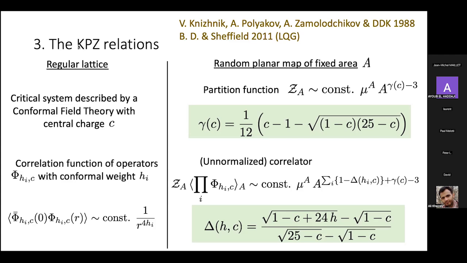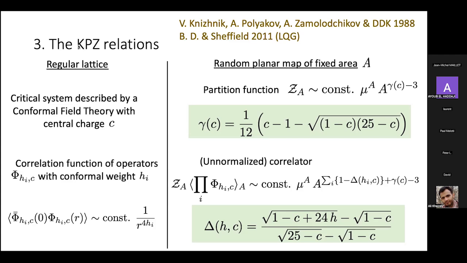So when you are in the plane, for instance, it would be the correlation function of two spins in the Ising model, which decays with the distance with some factor with a certain h_i. The i here means just the index of the field you look at.